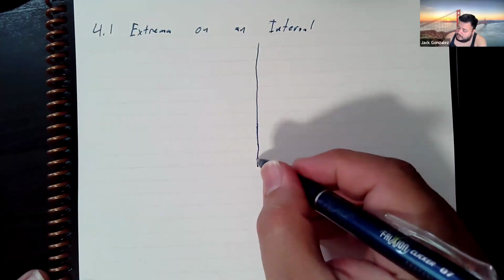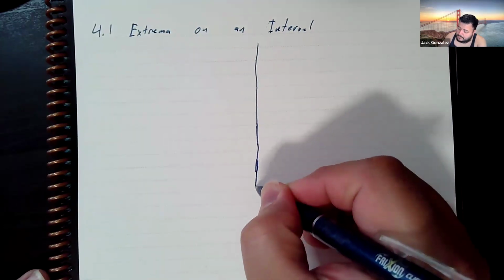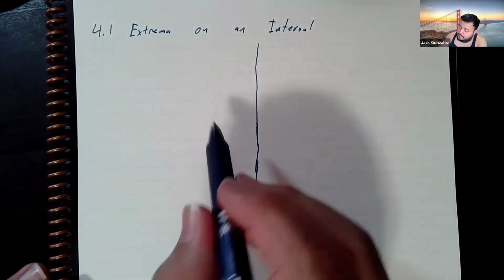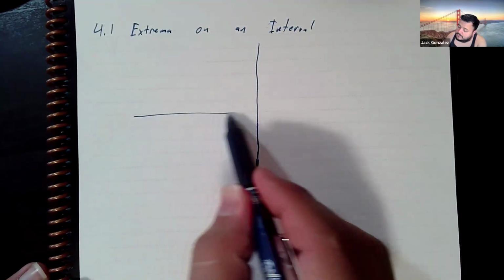So in chapter 4, we're going to apply the derivative to find maximums and minimums of two-dimensional graphs.